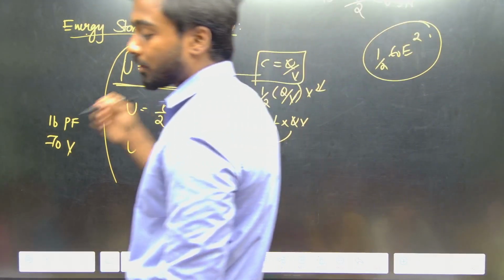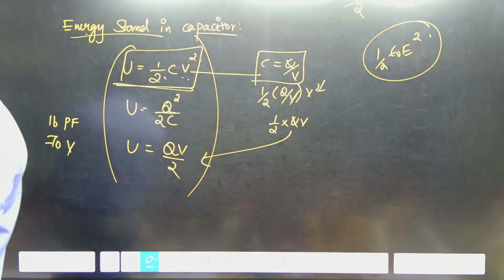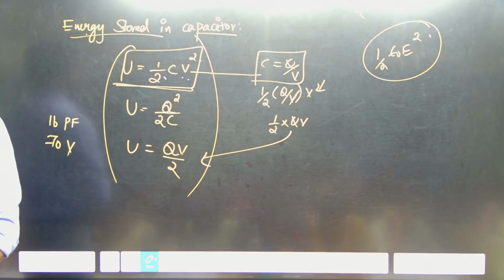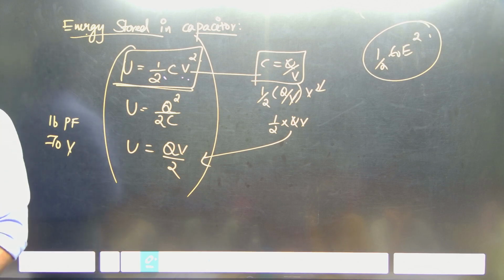This is the energy density formula, and the SI unit is joules per meter cube.